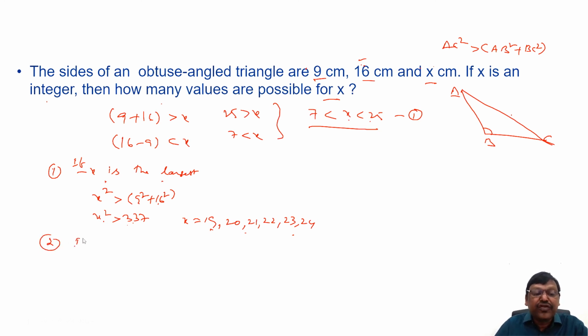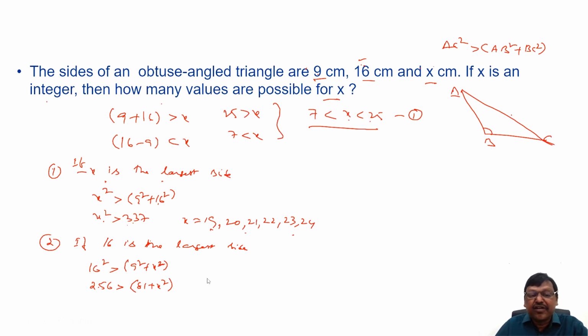Second case is if 16 is the largest side. Then 16 square is greater than 9 square plus x square. 256 is greater than 81 plus x square. 81 goes to this side. 175 is greater than x square, or x square is less than 175.